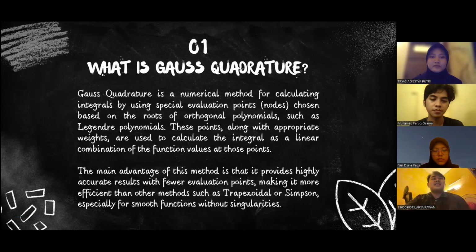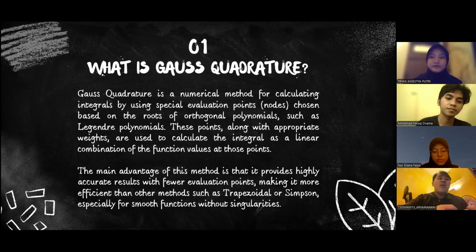Gauss Quadrature is a numerical method for calculating integrals by using special evaluation points, or nodes, chosen based on the roots of orthogonal polynomials, such as Legendre polynomials. These points, along with appropriate weights, are used to calculate the integral as a linear combination of the function values at those points.